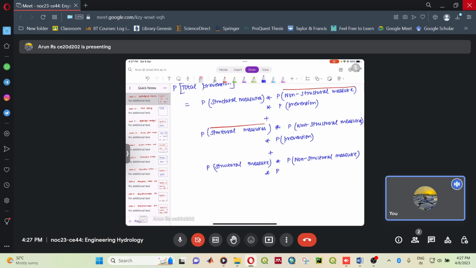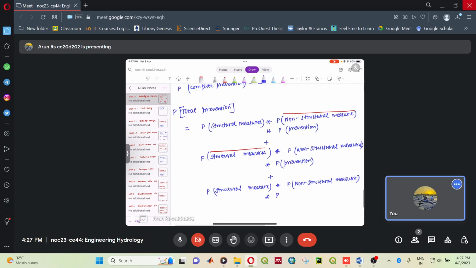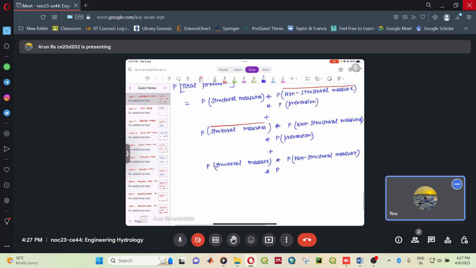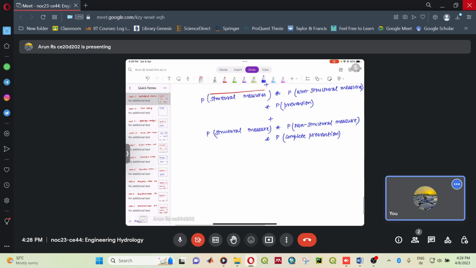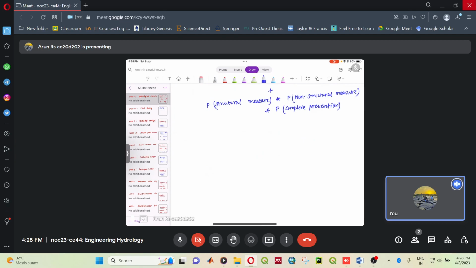And here the probability is complete prevention. So we can calculate the total probability of prevention.